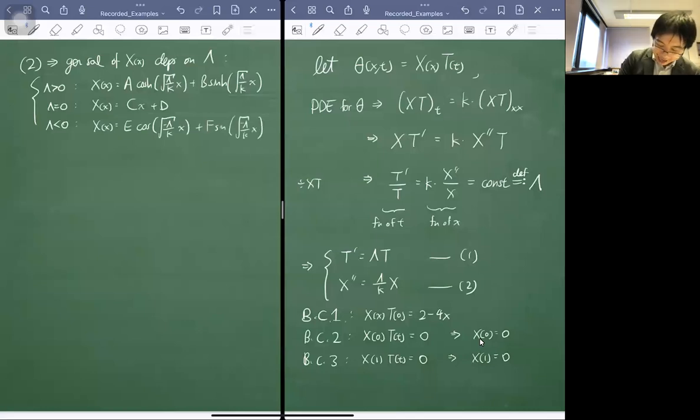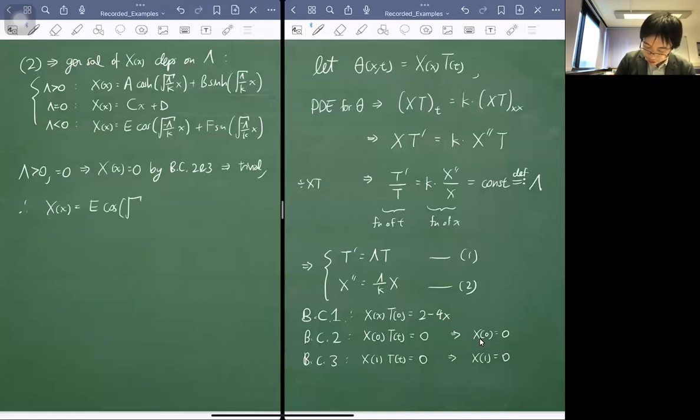Okay, and we notice the first two cases would imply X equals 0 by boundary conditions 2 and 3. So this would be a trivial result. Therefore, we just focus on the trig solution.